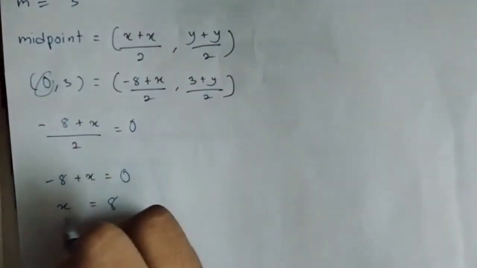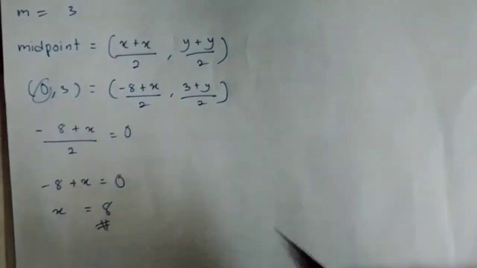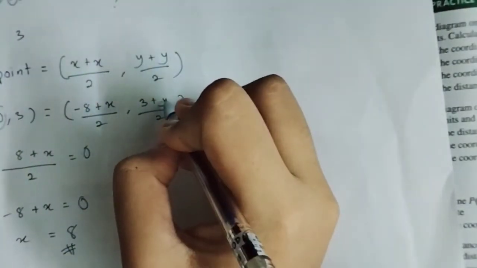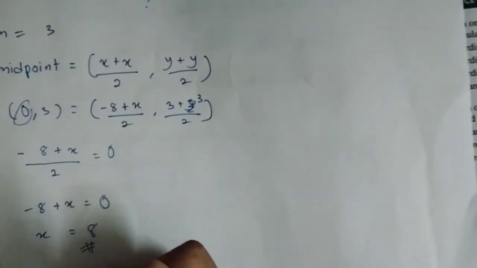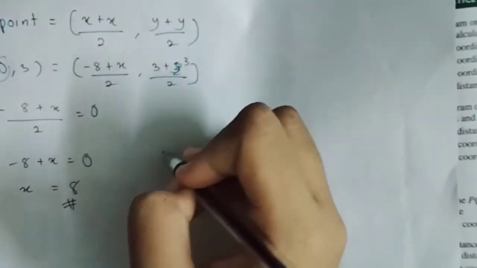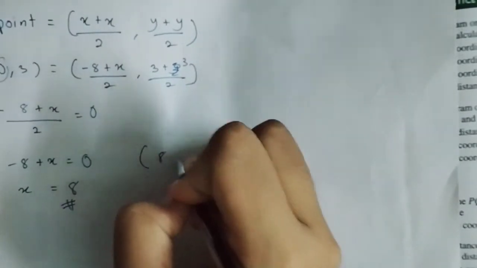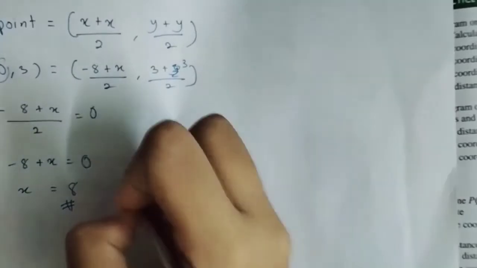So the answer will be 8. And this is actually 3. So we will get 8, 3 for point B.